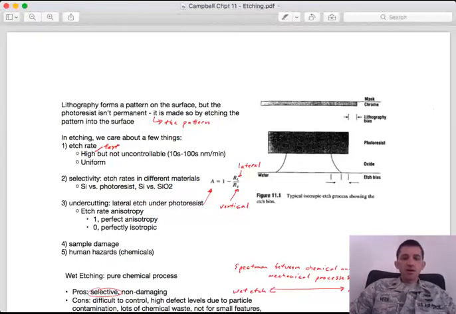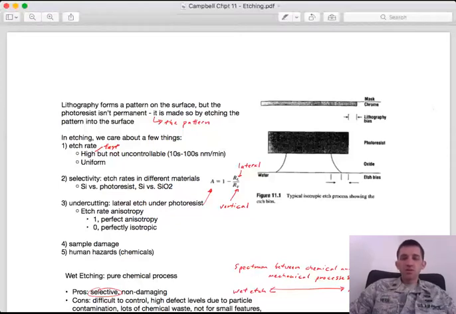So if you have, and this is also one of the ways that we differentiate our processes from each other, is in the anisotropy. So if you have a process that etches basically uniformly in any direction, then once you get down into the material, say this oxide, we're moving down into the oxide, right?